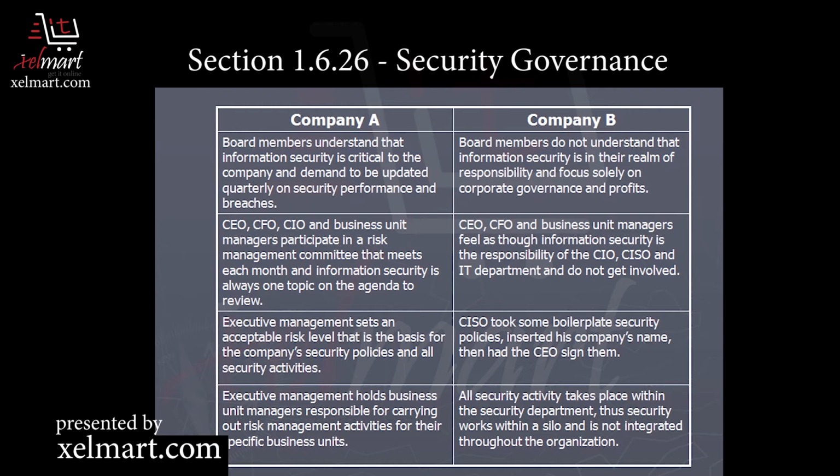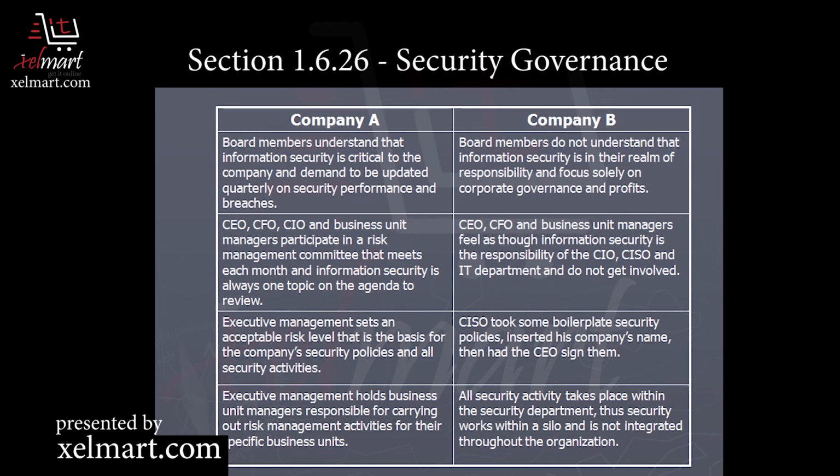When you look closer, you can have company A that actually has a security governance program. And that means that everybody who is supposed to be involved is involved: the board, senior management, the different process owners. The other company, it's just in IT. They don't have the security spread out, and senior management isn't taking it seriously.